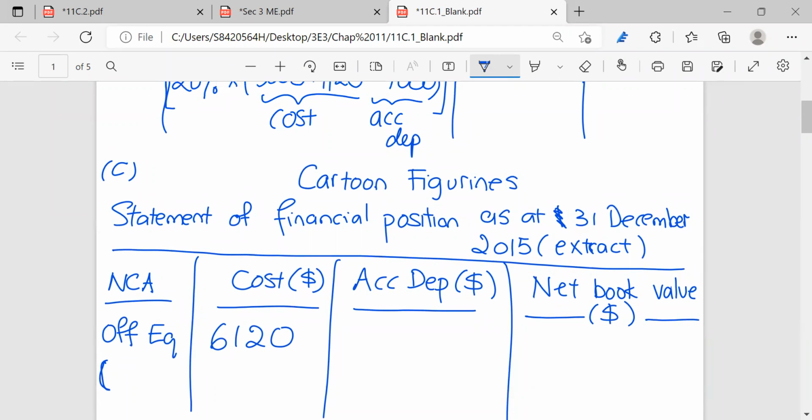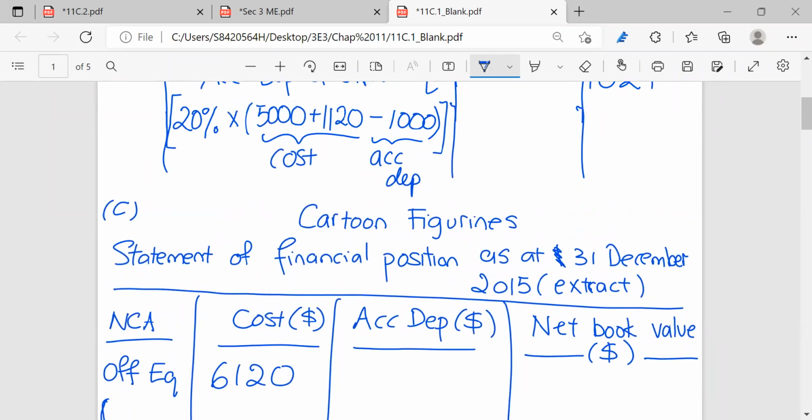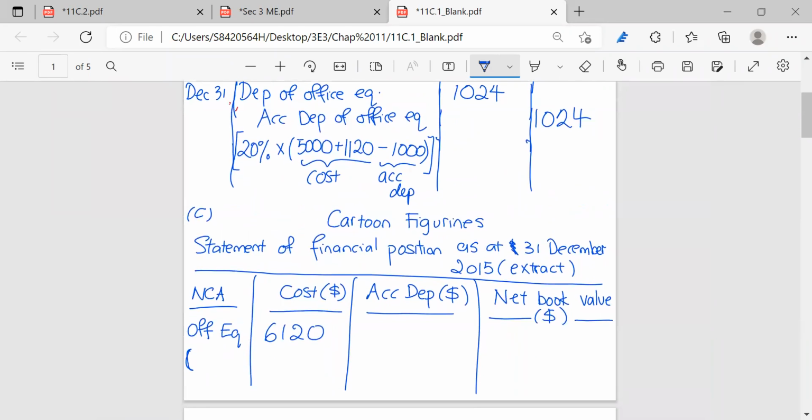For accumulated depreciation, you can do the working at the side here, because usually we don't write any number below your accumulated depreciation. For the working, you can show that it's for both years. So it's 1,000 plus another 1024, so it's 2024.